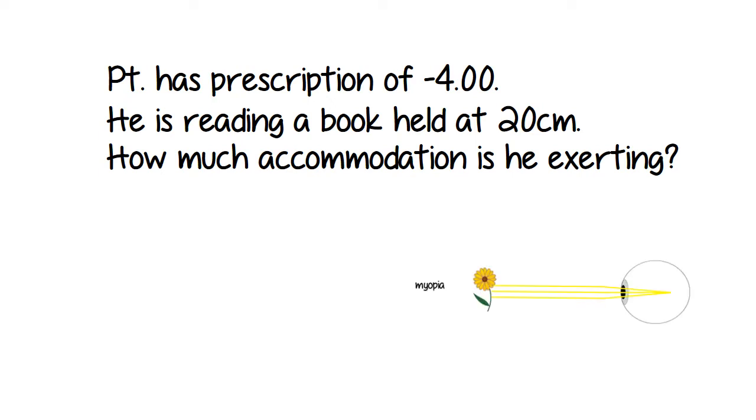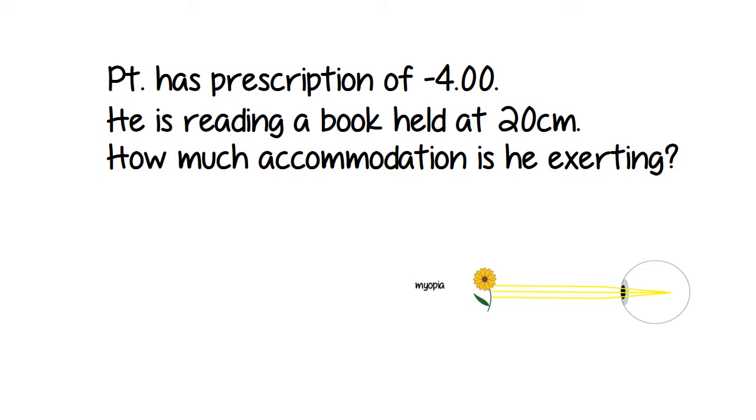Now, don't think of this as a math problem. Think of this as a logic problem. It makes sense. I intentionally used the same distance as I did with our first patient, our emmetropic patient. And we learned with the first patient, that patient was emmetropic and they were exerting 5 diopters of accommodative power to read 20 centimeters away, 100 divided by 20.